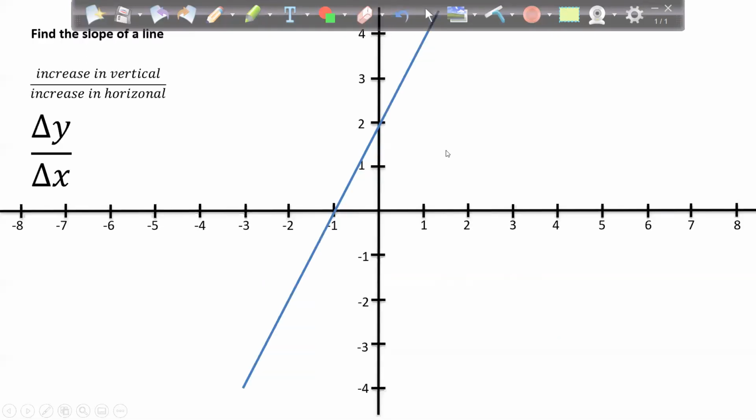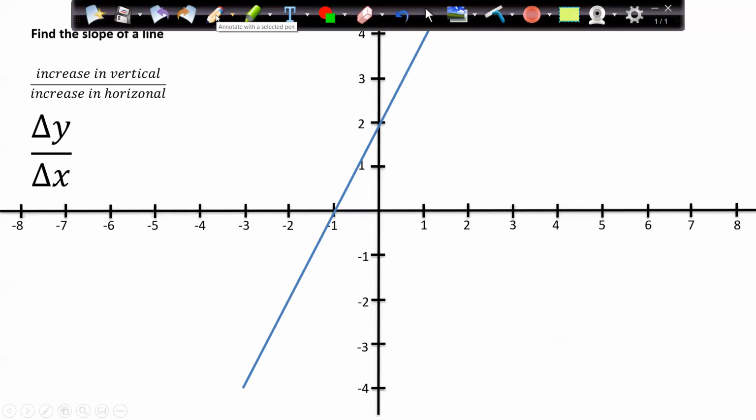Now here I just took one example. I want to find the slope of a line just by making an assumption. Let's assume there is a change of 1 unit happening here. So when my x was -1, now it is 0. How much change in the y is happening?